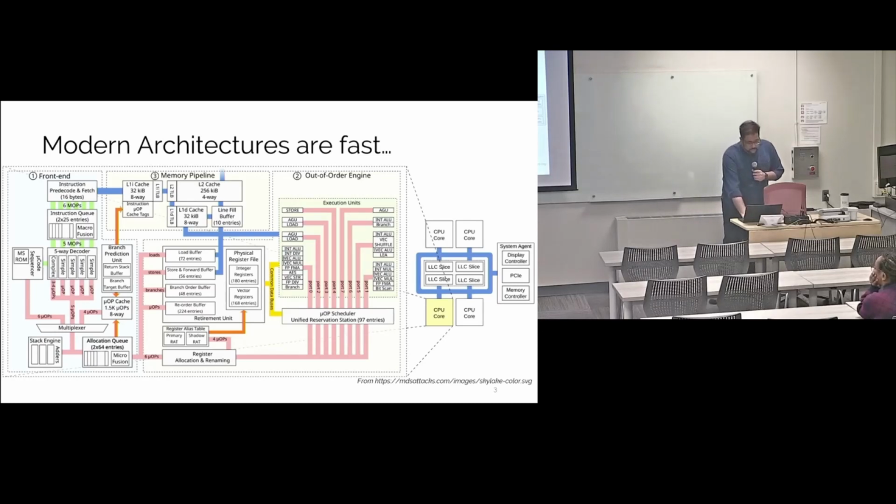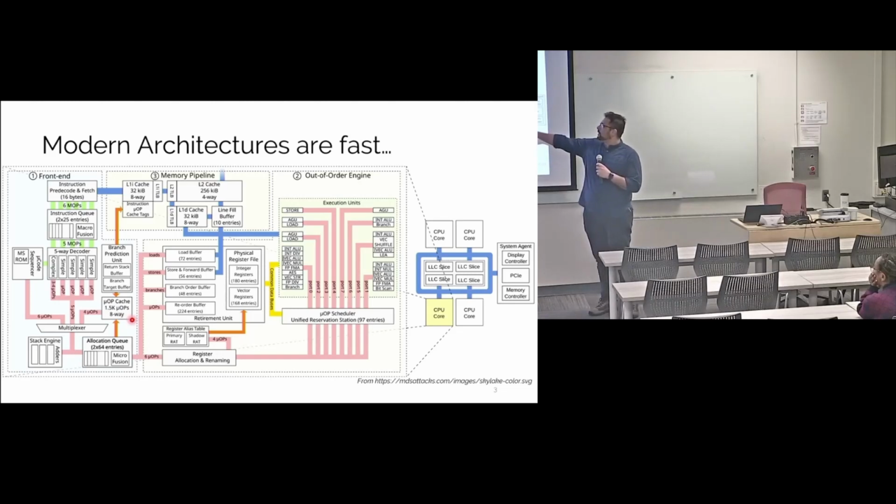So for example, let me turn on my laser pointer. Consider this micro-op cache, which exists in the front end. All this micro-op cache does is store some decoded micro-ops so that they can be served quickly. Or take a look at the load buffer and store and forward buffers.